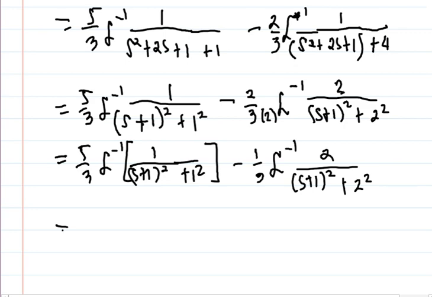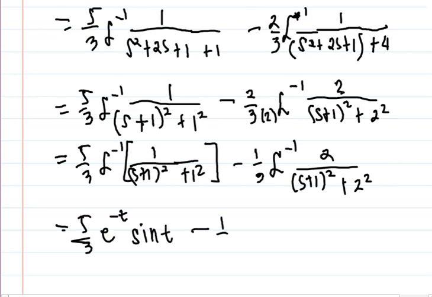So this is equal to 5/3, then we have e raised to negative t, then we have sine a. A natin is 1, so that is sine t na lang diretso.